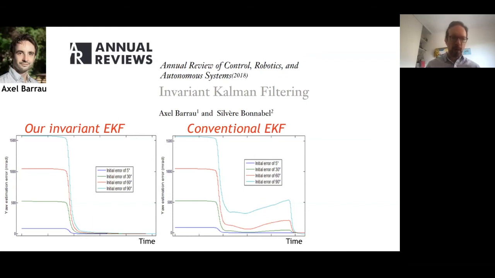But if you move to larger errors, so 30, 60, and 90 degrees, you see that the behavior of the invariant EKF is almost unchanged as compared to small errors, whereas the estimation of the EKF much degrades. And it takes a much longer time to find the attitude, actually the heading of the airplane.